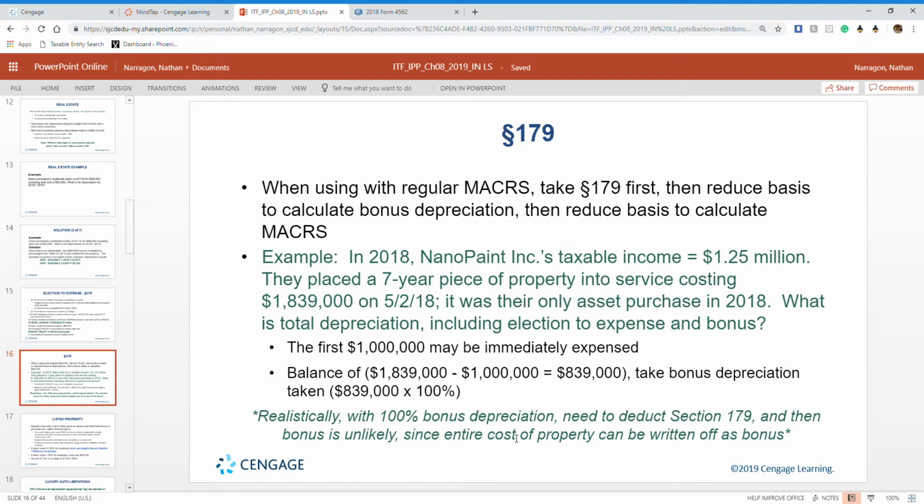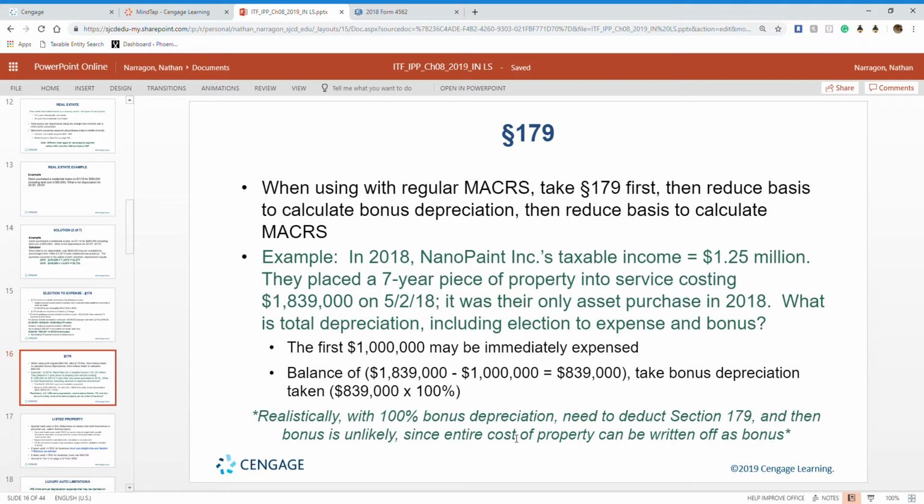So here we go. We have a nano plant. Their taxable income is 1.25 million. Okay, and they place a 7-year piece of property into service costing $1,839,000 on May 2nd. It was their only asset purchase in 2018.